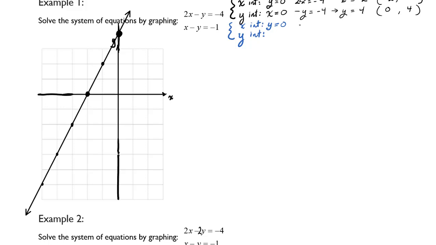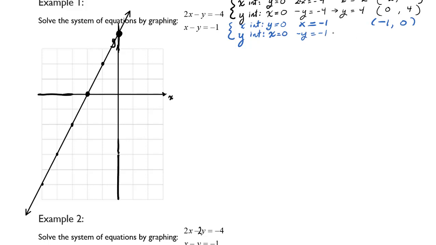When y equals 0, we have x is equal to -1, and that would give us a coordinate point of -1, 0. For our second part, the y-intercept, we have x equals 0. When x equals 0, we have -y equals -1.